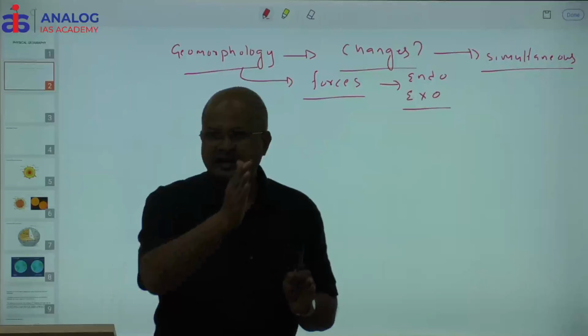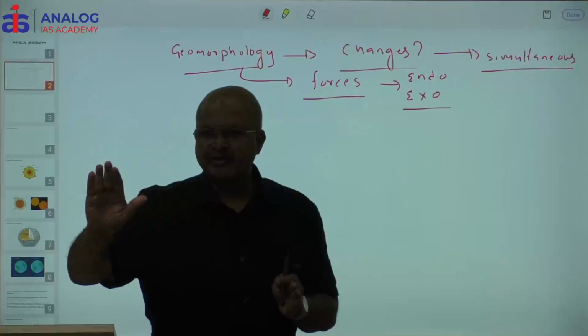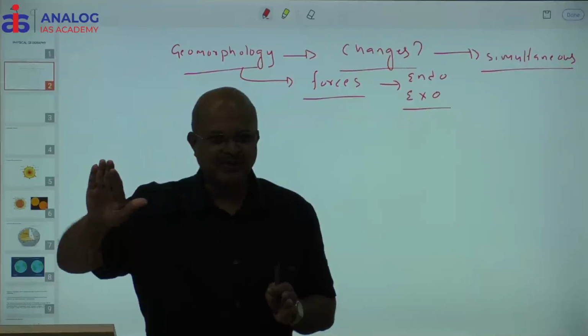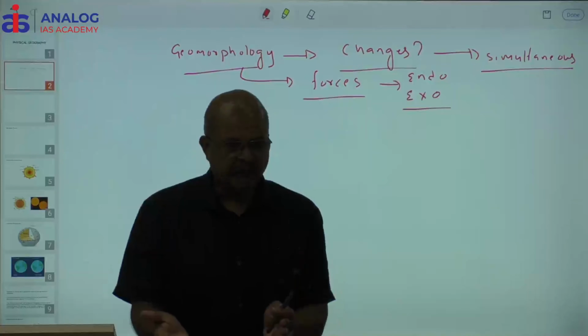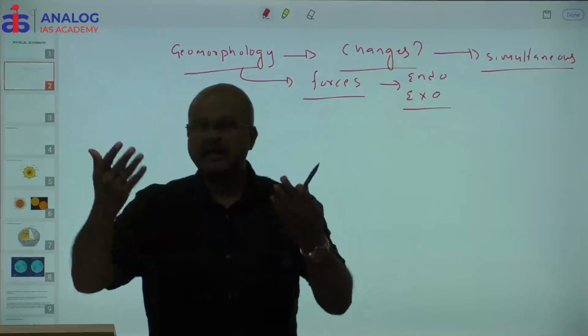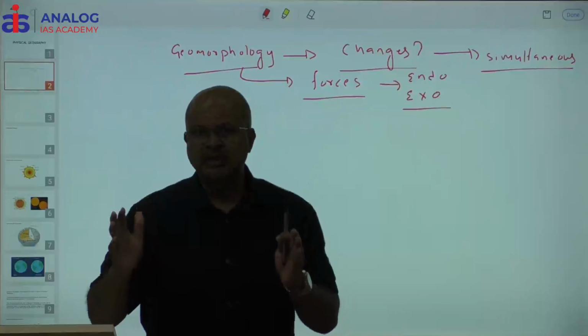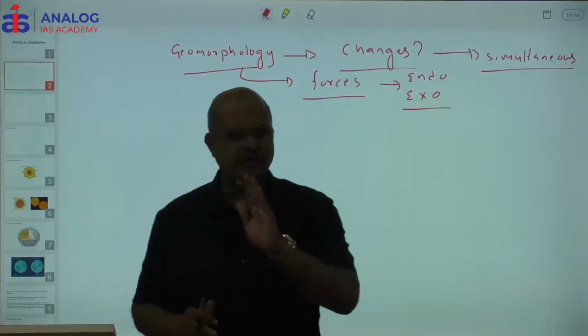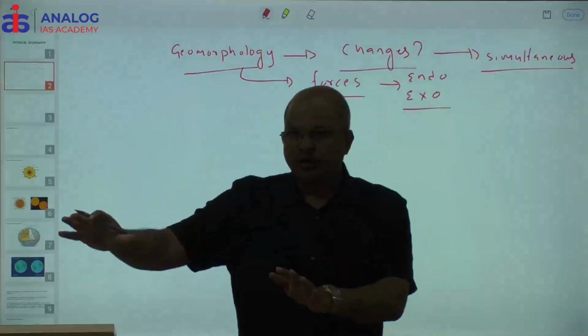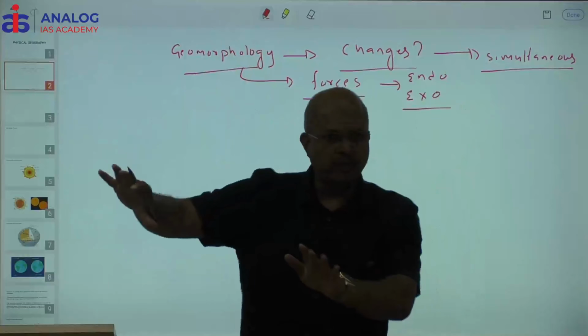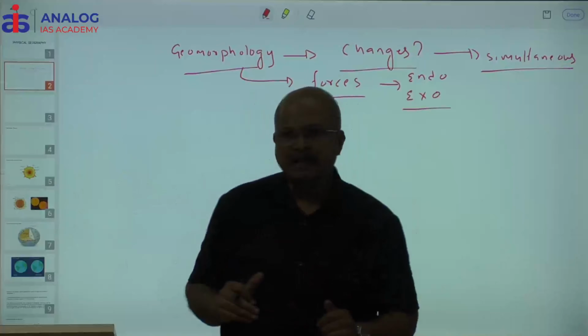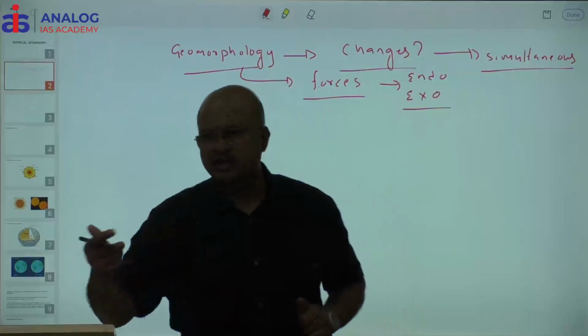When the earthquake is there, can we say the rivers have stopped? Winds have stopped? The endogenetic forces are occurring at the same time as exogenetic. So they are simultaneous, which are responsible for changing a big rock into small rock, that is mountain into smaller. We refer to them as landforms.